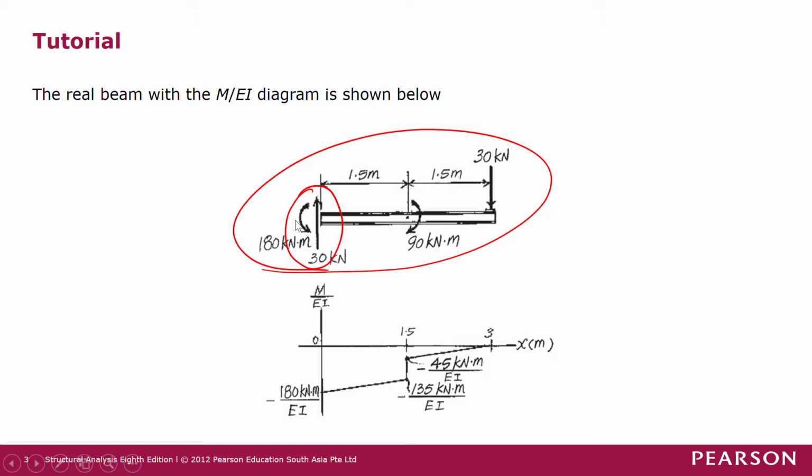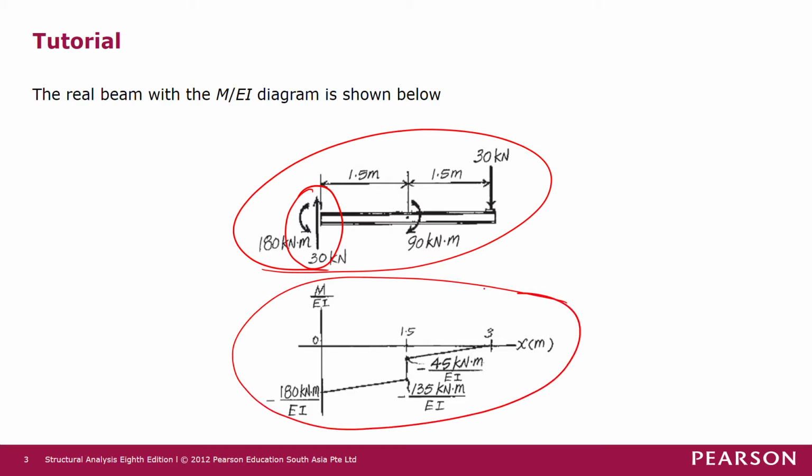After that, we draw the bending moment diagram and we get all negative bending moment, with a maximum moment of 180 kilonewton meter at the fixed support.